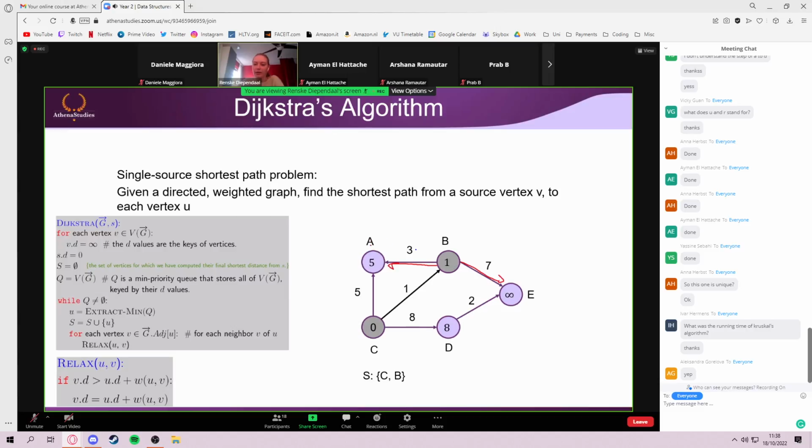So now from node A, we can go to B, which is 1 plus 3, which is 4, and this is smaller than the 5. So we can replace this 5 with a 4 because we found a shorter path. And then this infinity one, we have also found a path, 1 plus 7, so that's 8, which is smaller than infinity. So we update those values as well.